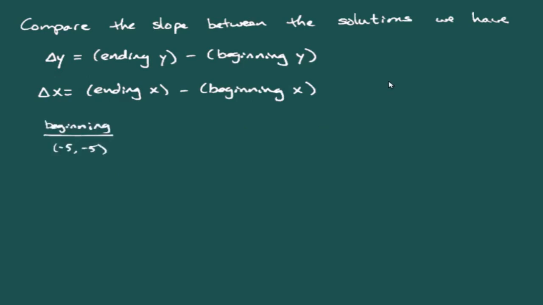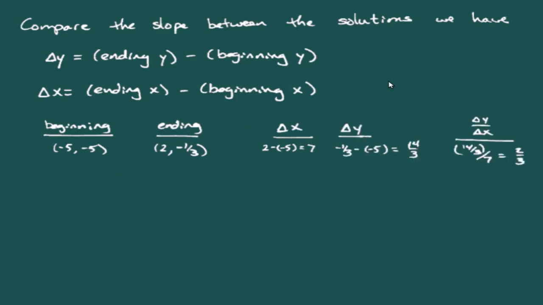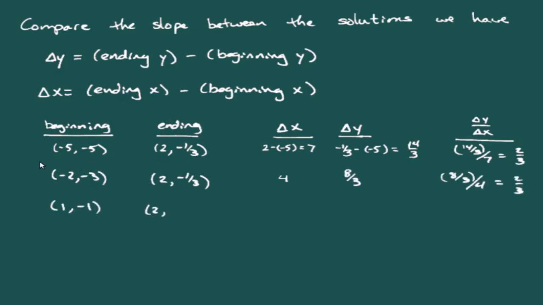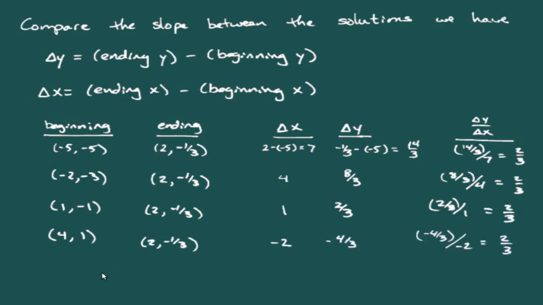and we take our beginning points as being the ordered pairs that we've already generated, so we've got -5, -5, -2, -3, 1, -1, 4, 1, and 7, 3, and our ending points being 2, -1/3 for each one of those.